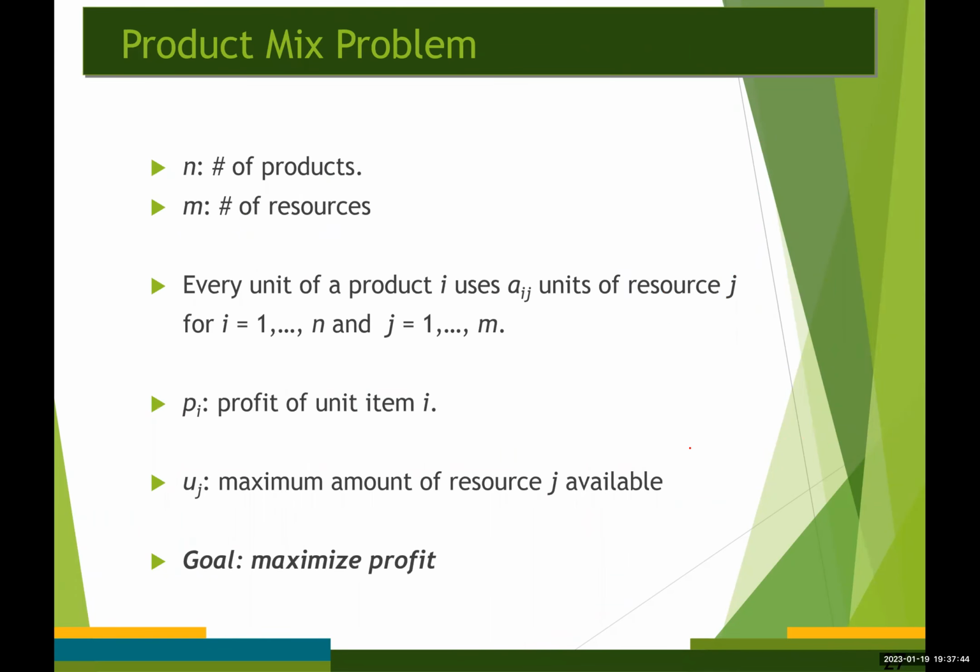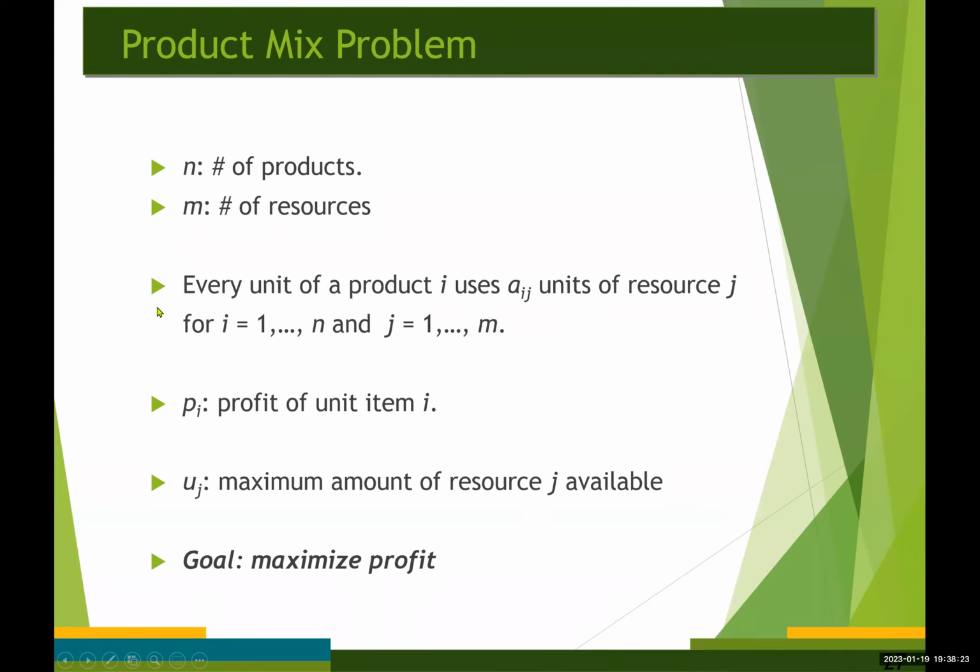Okay, so we've just talked about the window glass example and the chair table production example, right? And both of these problems are categorized into the product mix problem. Generally, in a product mix problem, there are n different products that could be produced, and each of these products consumes a certain quantity of m different resources.